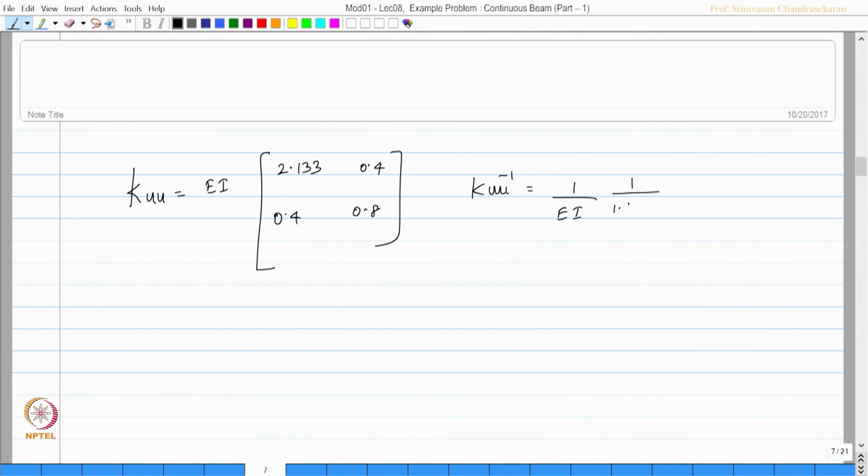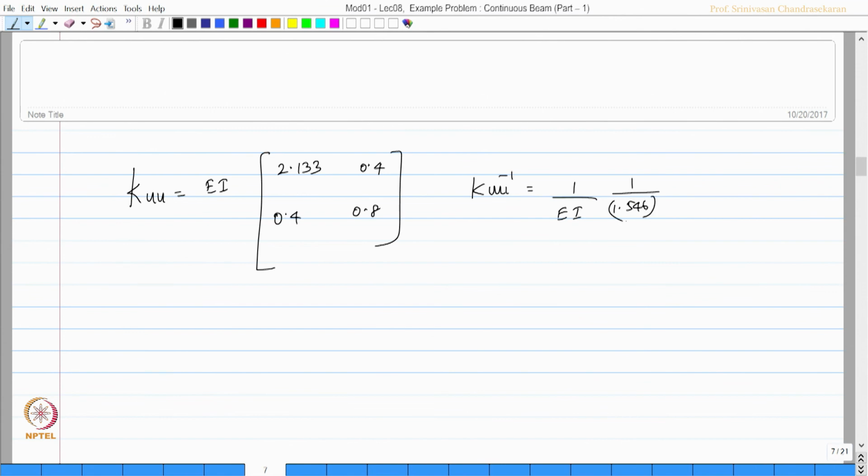So, KUU is EI times of 2.133, 0.4, 0.4 and 0.8. Let us find KUU inverse, which will be 1 by EI of determinant 1.546.